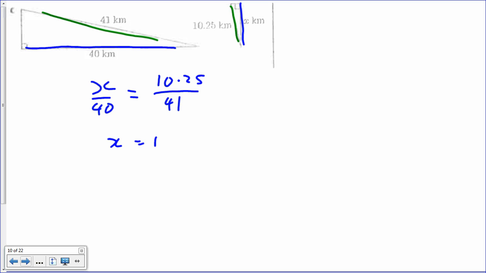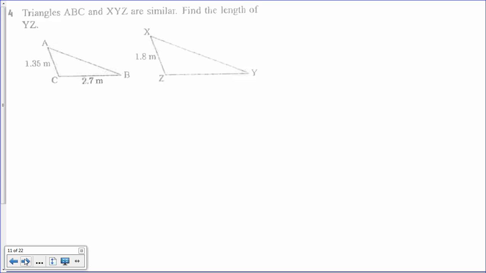So x equals 10.25 times by 40 over 41, and we get out the answer being x equals 10 kilometres.